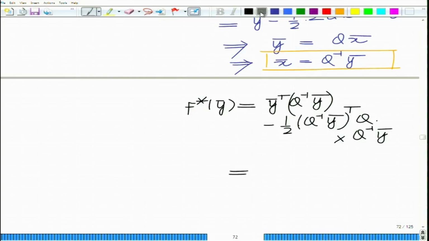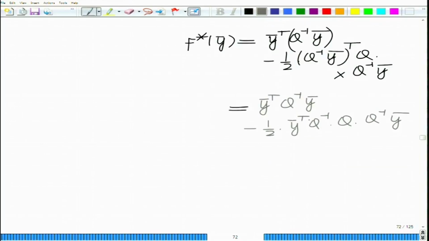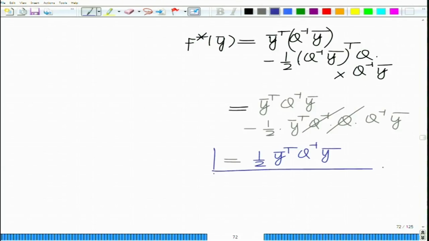This is equal to y bar transpose Q inverse y bar minus half y bar transpose Q inverse times Q inverse y bar. So, Q inverse and Q cancel. So, you again have minus half y bar transpose Q inverse y bar. So, that is basically half y bar transpose Q inverse y bar, which is basically the conjugate function.